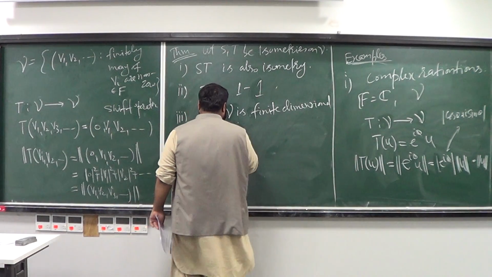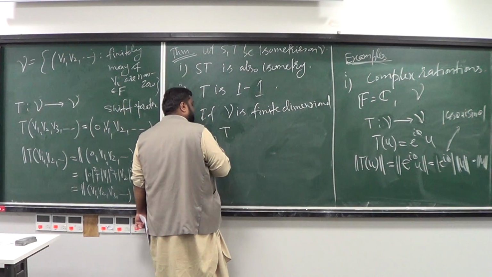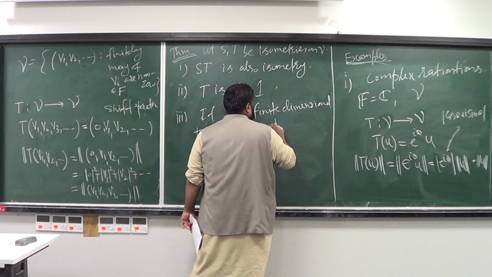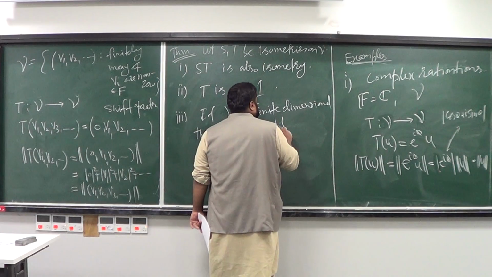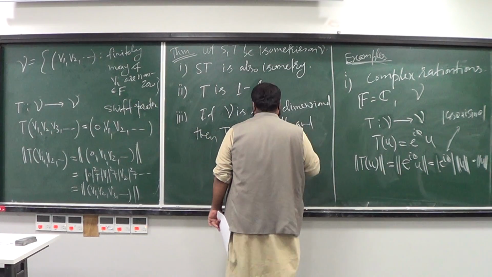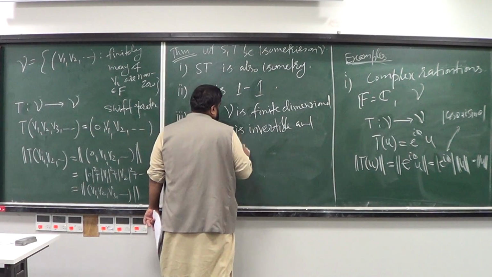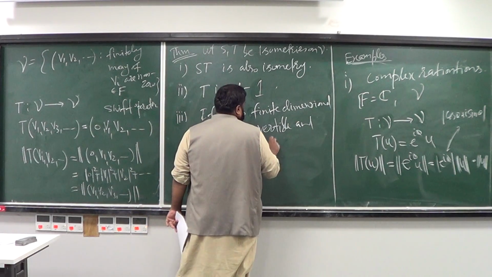Then you can say that an isometry is invertible, and T inverse is also an isometry.